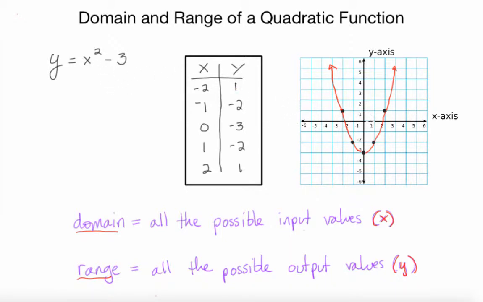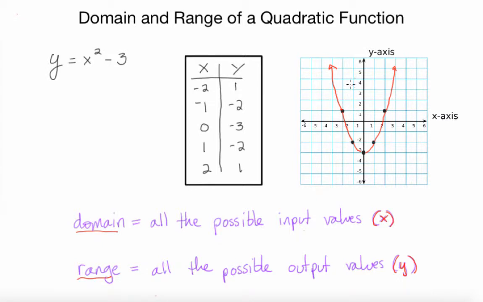You'll notice there are some different things when we're working with quadratics instead of linears, right? If I look at my x and y values in my table, my x values go along -2, -1, 0, 1, 2. But my y values seem to decrease, going from 1 to -2 to -3, but then they start to increase again.